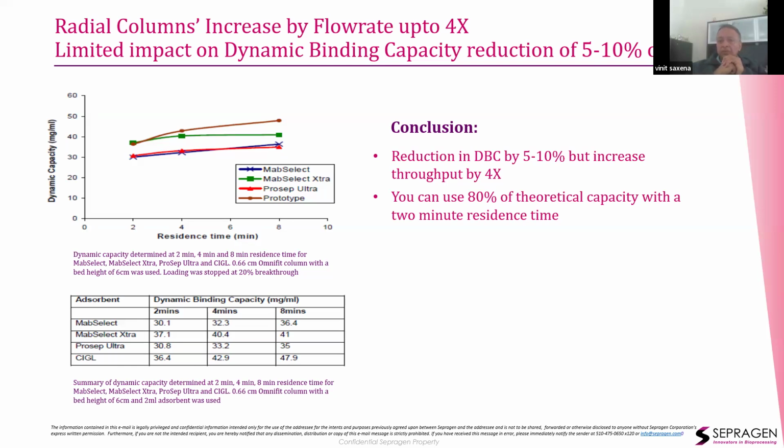Well, people use old rules of thumb, right? The fact of the matter is that the resins today have improved dramatically over what they were years ago. Years ago, dynamic binding versus residence time capacity curves were very steep, meaning that if you had long residence time, the capacity was high. If you shortened the residence time, then your capacities were dramatically lower.